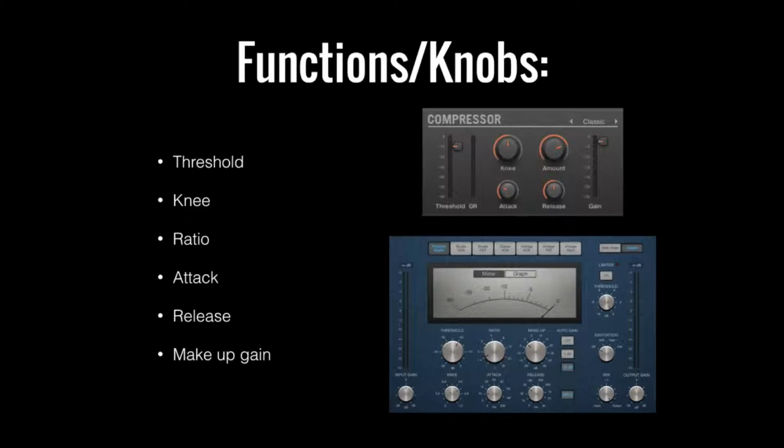In all compressors, you're pretty much going to find a threshold function, knee, a ratio, an attack knob, release knob, and a makeup gain, as you can see on those compressors right here on the right. All right. So now let's go in depth of each and every one of the functions so you can understand each and every one of them.